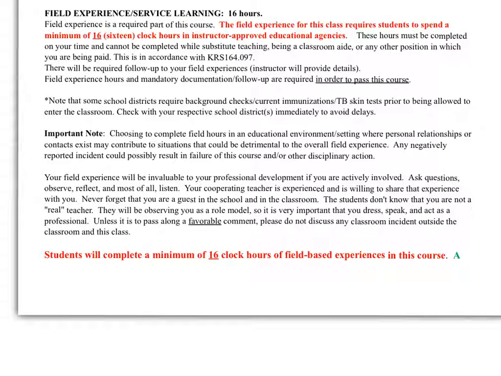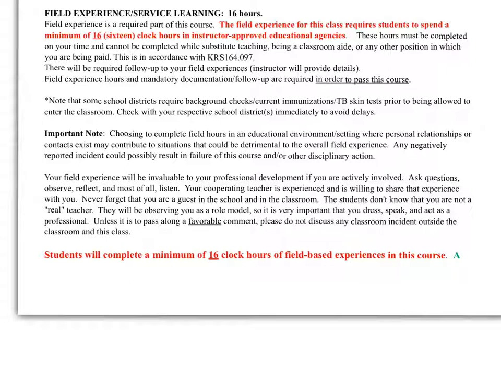You will be required to complete 4 hours in primary grades, 4 hours in middle grades, and 4 hours in high school, plus 2 hours in a school board meeting and 2 hours in a site-based council meeting.